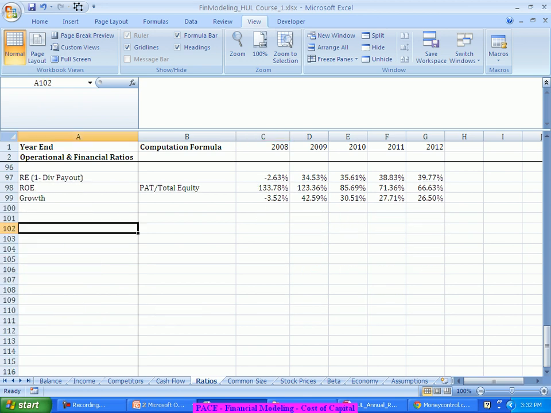So here I require RF, RM, beta. I require these three. Beta I will get as covariance of the security returns and the market returns divided by the variance of the market return.